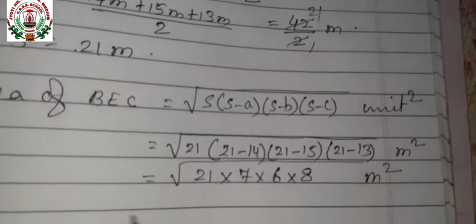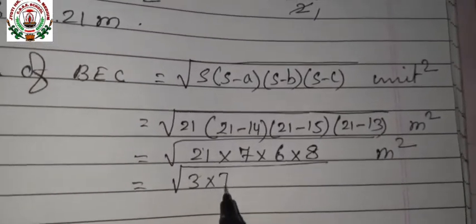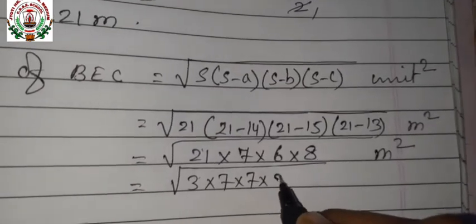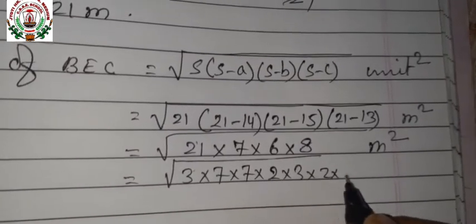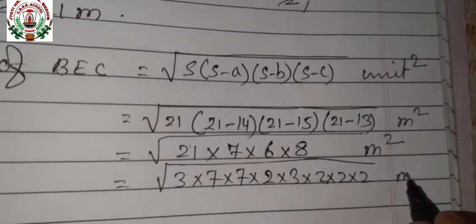Meter square, now this I can split as 3 into 7 into 7 into 2 into 3 into 2 into 2 into 2. This 8 will be 2 into 2 into 2.